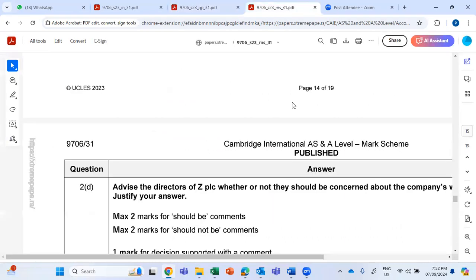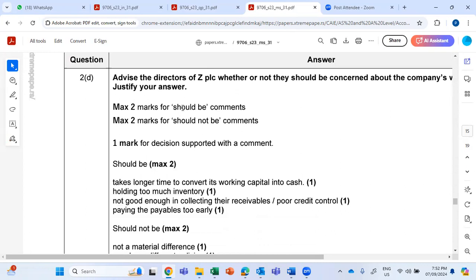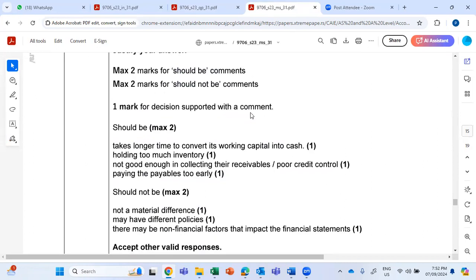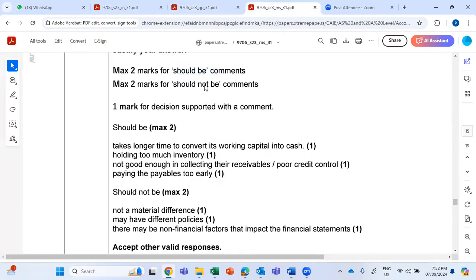Justify your answer. Maximum 2 marks for should be concerned and 2 marks for should not be concerned. You should give reasons for why you should be and why you should not be. Since it's 5 marks, 1 mark for decision with comment, and the balance 2 marks for each side.